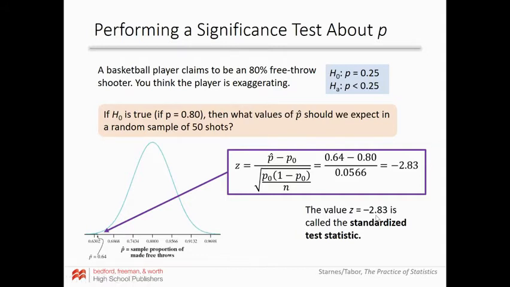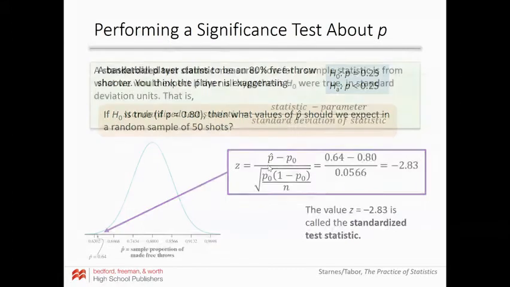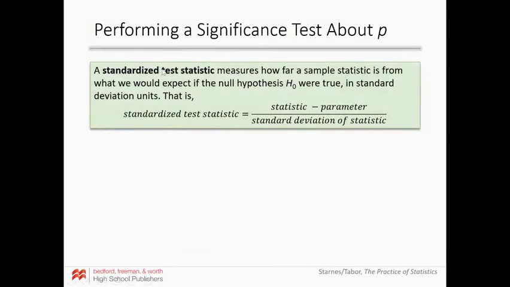That should be a little bit familiar, maybe from earlier in the year in first semester, finding those z values. We typically found them with means. Now we're looking at it with our proportions a little bit. So the standardized test statistic measures how far a sample statistic is from what we would expect if the null hypothesis were true.